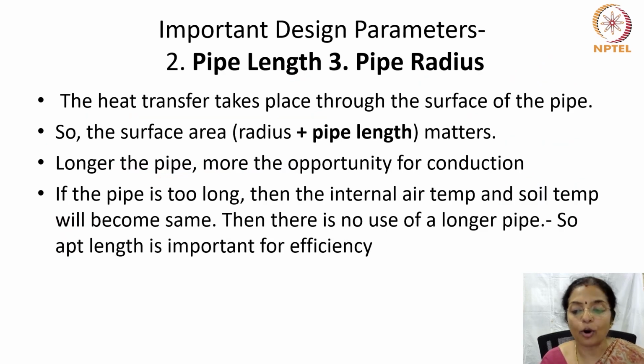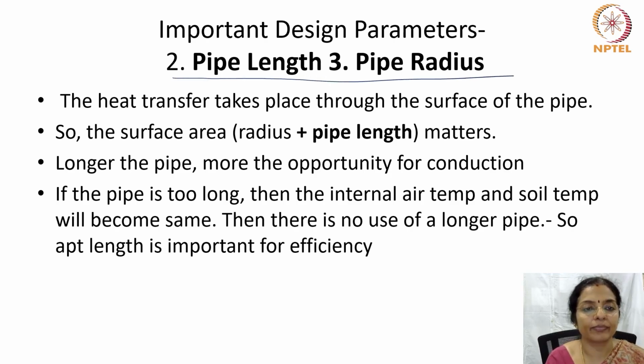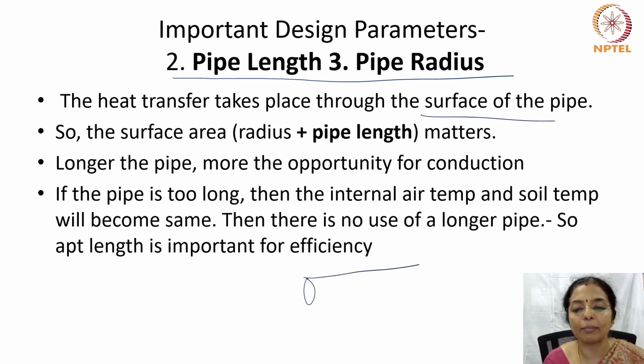Next important parameter is the pipe length and pipe radius. So the heat transfer takes place through the surface of the pipe. So what becomes important for the surface of the pipe? It is the diameter and the pipe length. This is what will add surface.